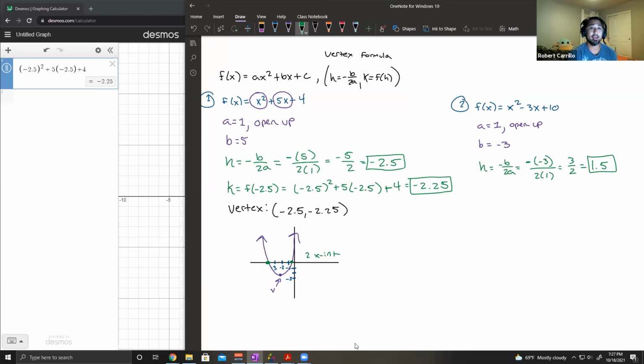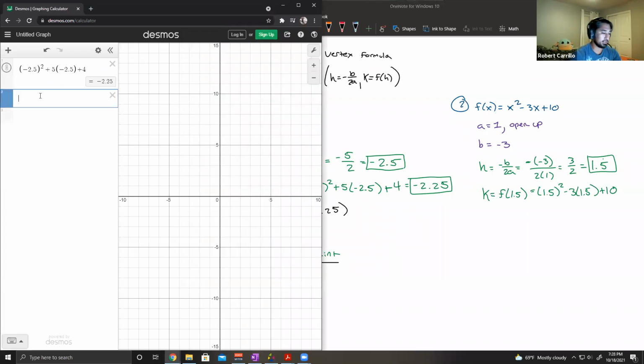Once again, you take that H value, 1.5, and plug it into the original function for every x. So K equals f of 1.5, and you will get 1.5 squared minus 3 times 1.5 plus 10.